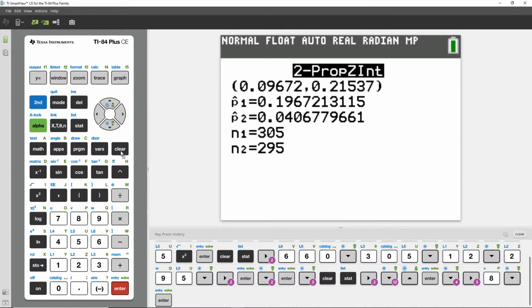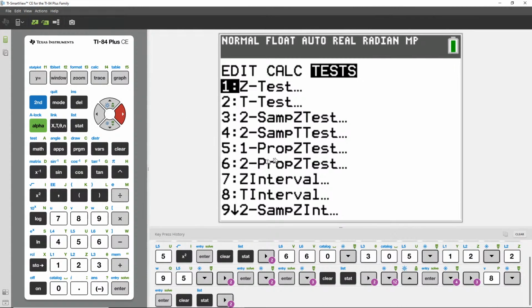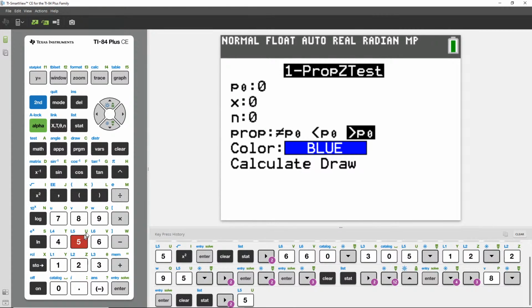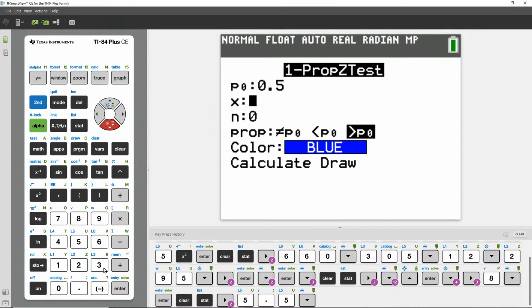So let's just see how we would go about solving this particular problem. Again, we're dealing with one proportion this time, so we're going to go into stat, test, and it's the one-prop z-test, number 5. P null is 0.5. The x is, what did we say, 30, and n is 45.